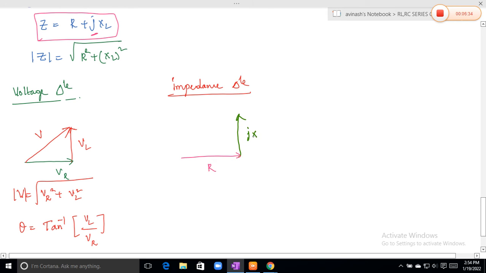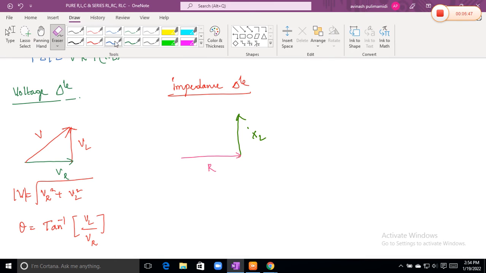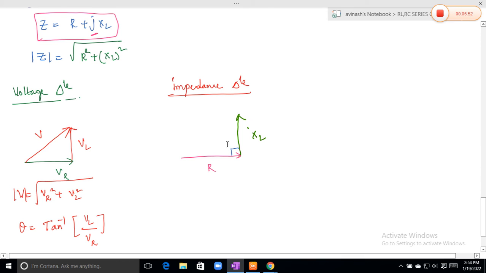This is JXL, or else you can simply remove this J and write the angle of plus 90 degrees. Then the resultant, the phasor addition of these two, will be the impedance. Therefore, impedance is equal to R plus JXL.